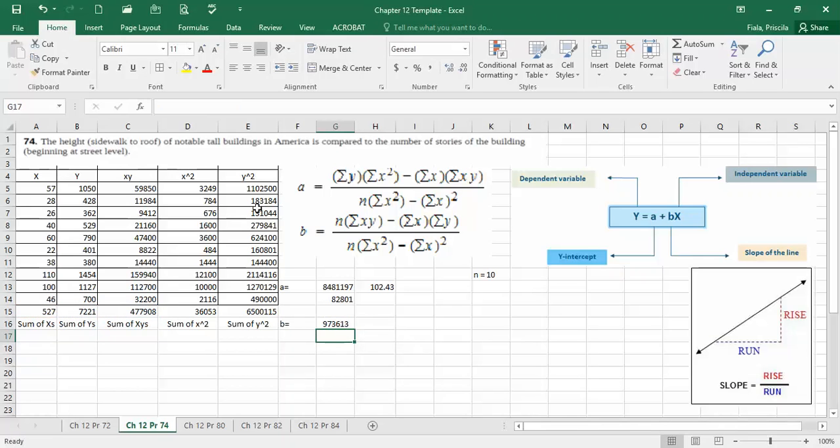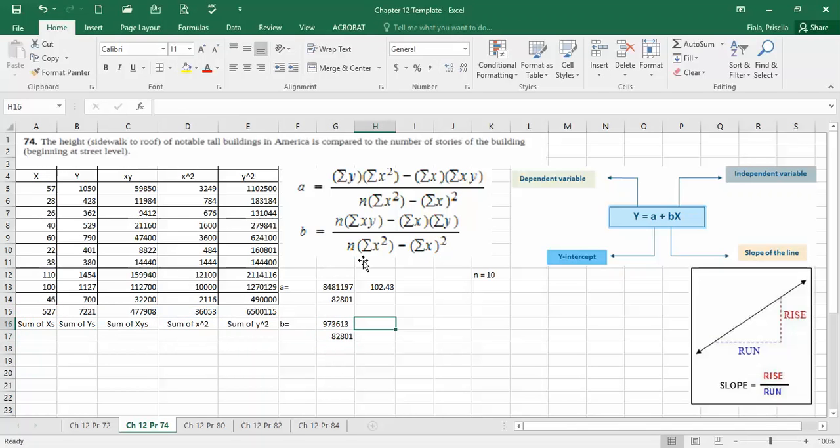That's my top part. My bottom part is, again, number of variables times the sum of x squared, minus the sum of my x's and then square.